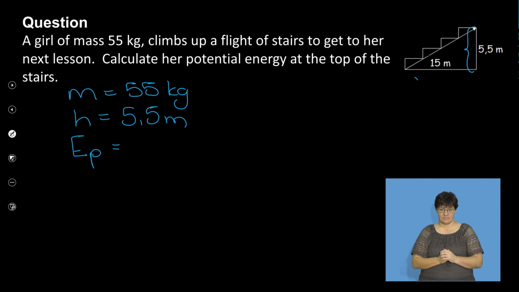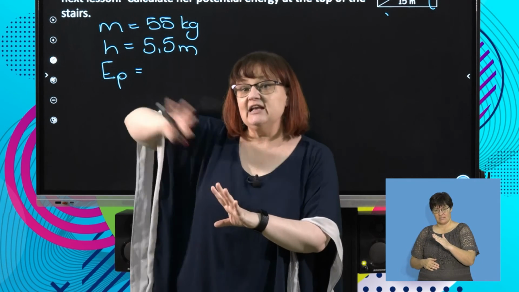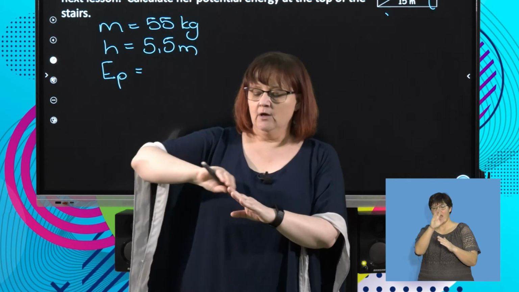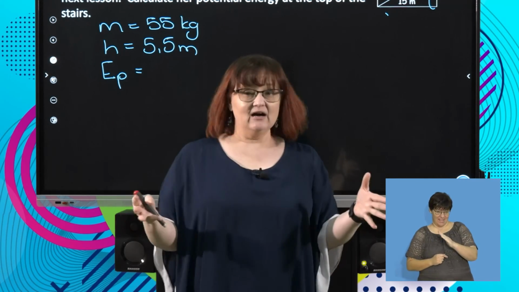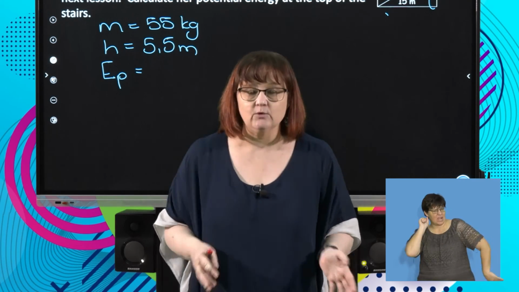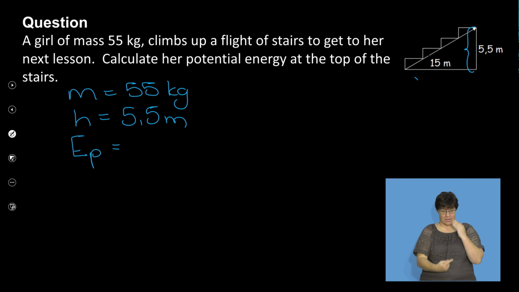The distance, at 15 meters, we're going to consider later on in your curriculum, and we're going to look at what happens to energy because of that. But for now, we're not interested in that. We just want the vertical height.